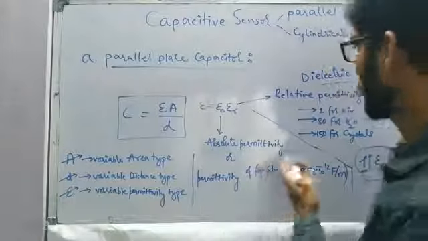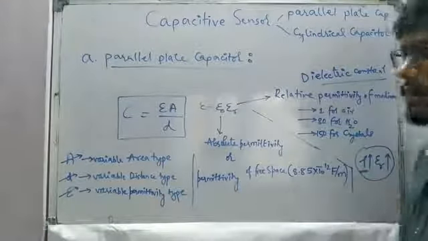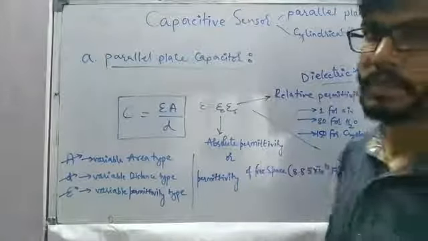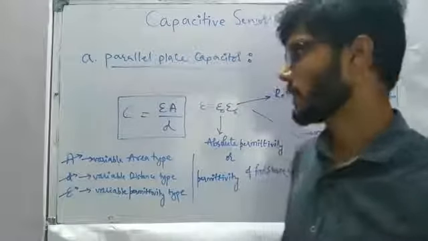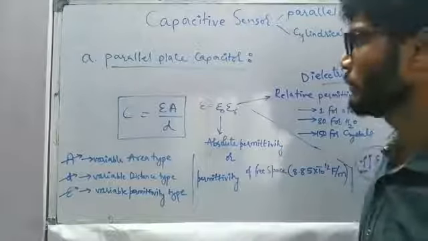And as I said, as the density of the medium changes, the relative permittivity of the medium is also going to vary. So if we vary the relative permittivity of the medium, we have another type, the variable permittivity type. So let's talk about all three of them one by one.